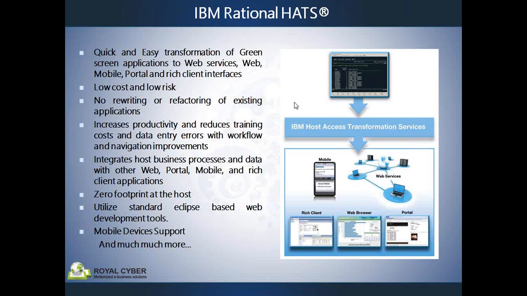You can prepare HATS modernized versions for various output mediums, and the best thing about HATS is that there is no need whatsoever to make any changes in the existing application running at the back end. So it means that the matured environment stays at the back end, ensuring business continuity and stability.